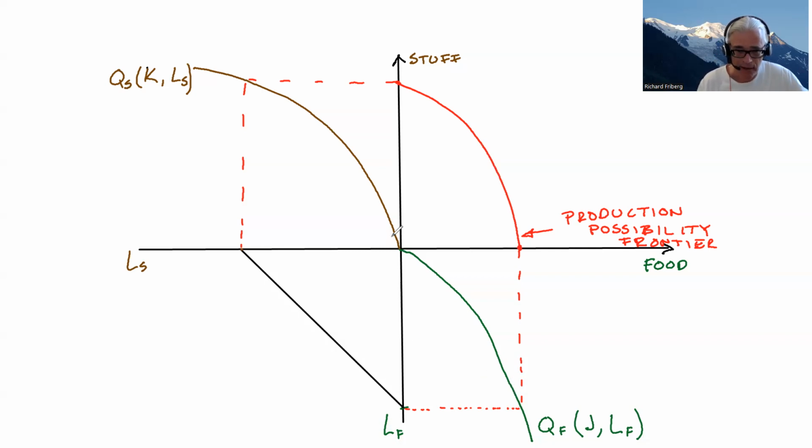Okay, on the other hand, if we're looking here, shifting some people from agriculture, so we're shifting people that have a very low marginal productivity, because there's a lot of people chasing little land in some sense in agriculture.